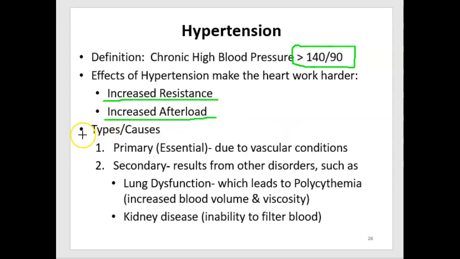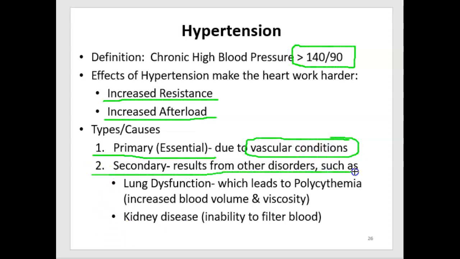Now, there really are 2 causes or types of hypertension. One cause we just categorize as primary hypertension, and it's due to the condition of the vessels themselves. Secondary hypertension results from a different disorder, like lung dysfunction that causes changes in the viscosity of blood or blood volume.